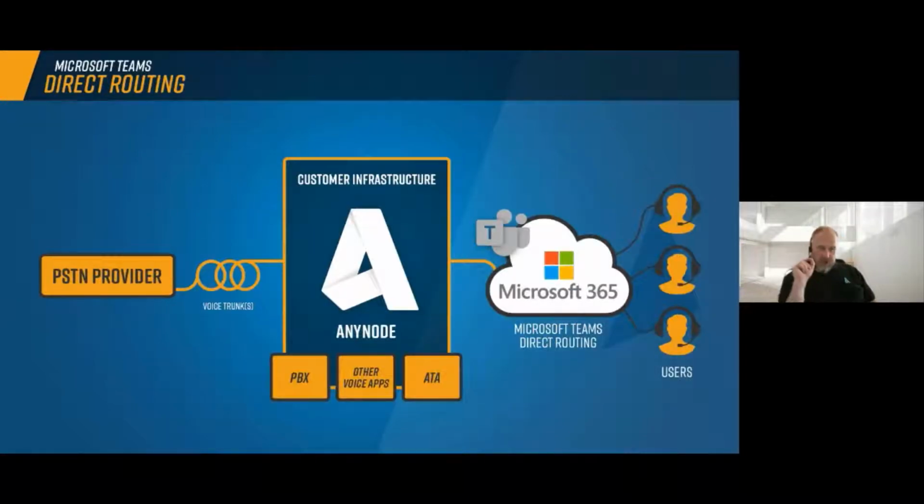Just for a short clarification, we will be talking only about Microsoft Teams direct routing. This track is not about other possibilities. So it's only how to add external voice over IP infrastructure via an SBC. Anynode has been certified to be used with the direct routing mode of Microsoft Teams.